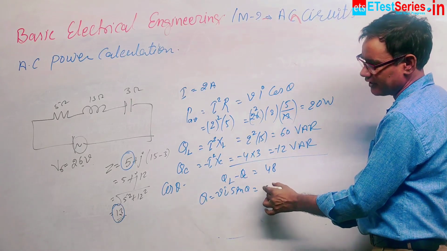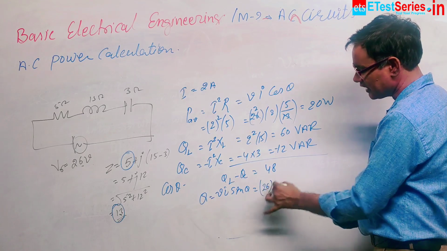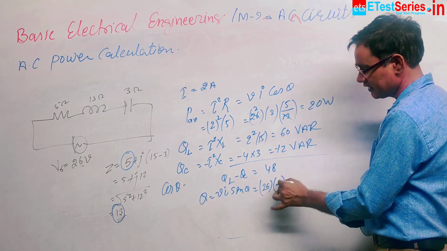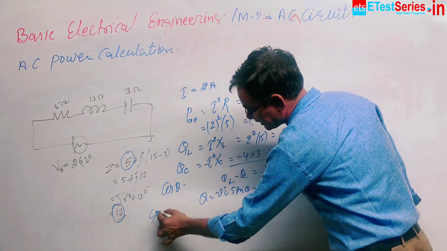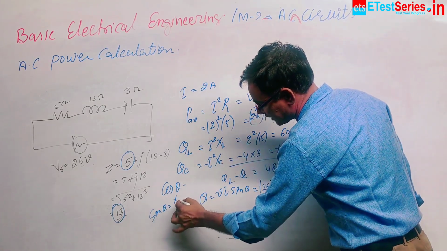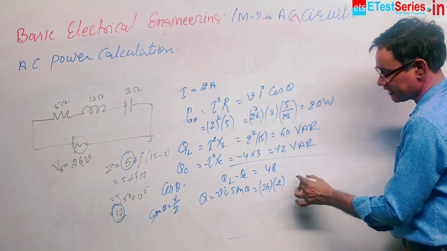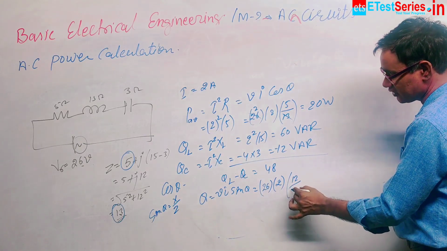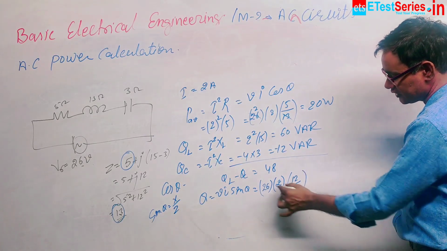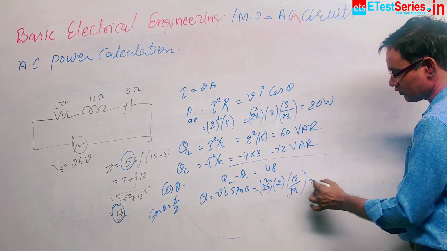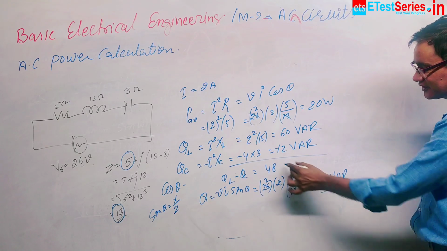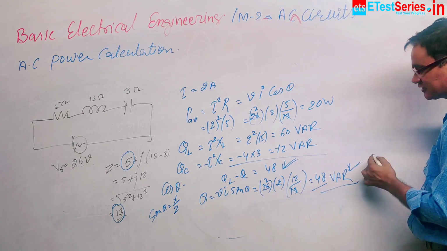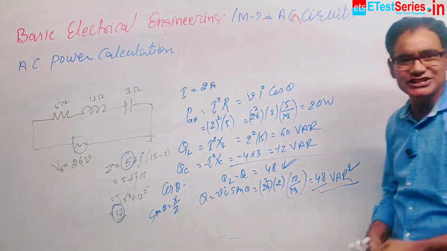V here is 26, I here is 2 ampere, and sin phi is nothing but the reactive component, so X by Z. X here is 12 and Z is equal to 13. So 2 into 2 is 4, 4 into 12 is 48 volt ampere reactive. This is the same whatever way we calculate it. So this is the way we can easily calculate.